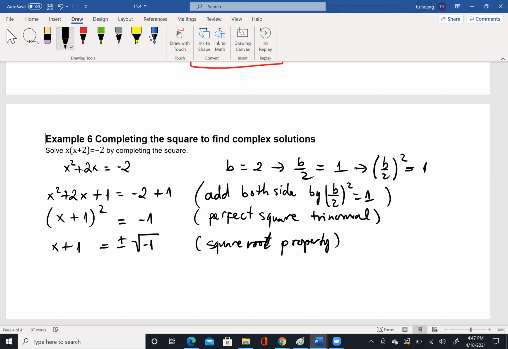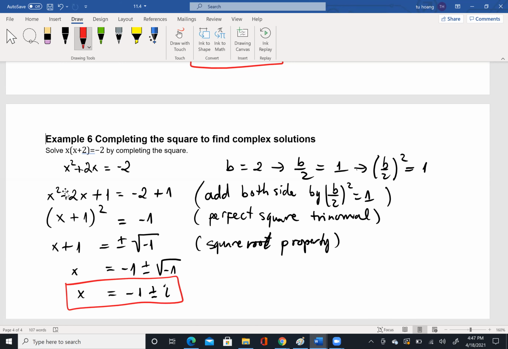And for the last one, I'm going to have x equal to negative 1, subtracting 1 from both sides, plus or minus the square root of negative 1, and I can rewrite it as negative 1 plus or minus i as the answer. So this will be the answer for this problem by using complex solutions.